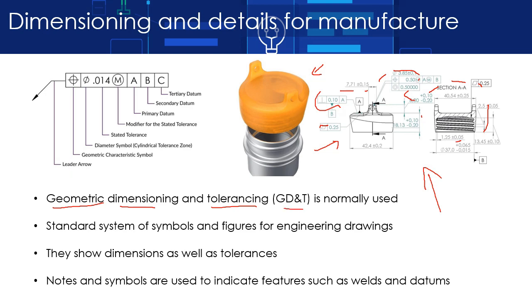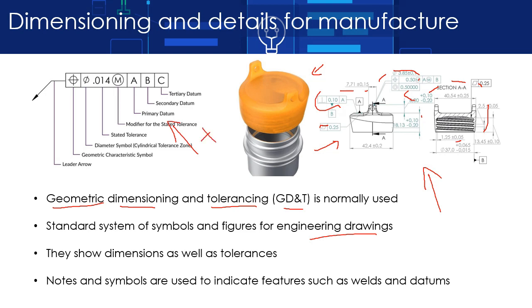So that is a standard set of symbols that are used on engineering drawings, and they're standardized across the world so that you can send a drawing that has GD&T anywhere in the world and it would be manufactured correctly, because they would understand what the symbols mean. So for the exam, you do not need to know all of this stuff.